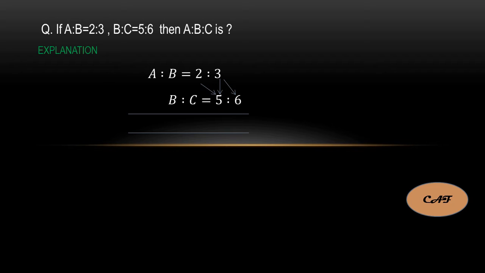If you see, for getting A is to B is to C, first of all you have to multiply 2 with 5 and 3 with 5 and 3 with 6. You are multiplying 3 times, so you will get 3 values. So A is to B is to C is equal to 2 into 5 is to 3 into 5 is to 3 into 6.